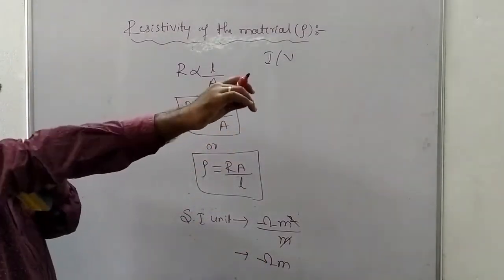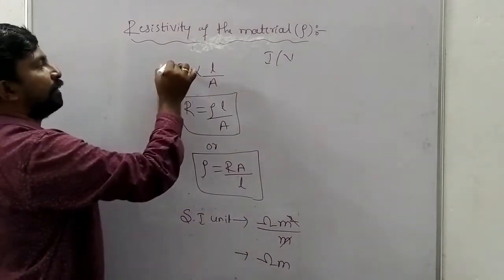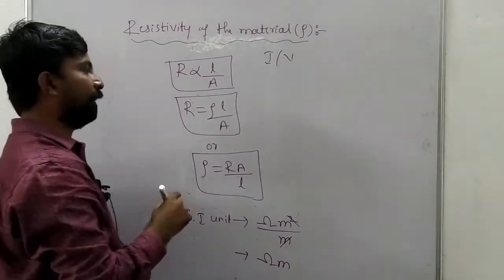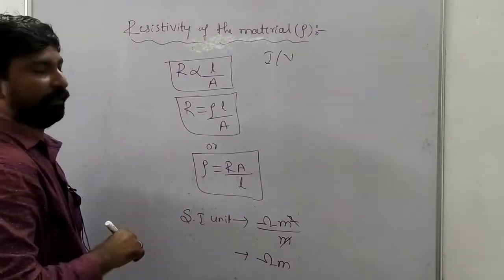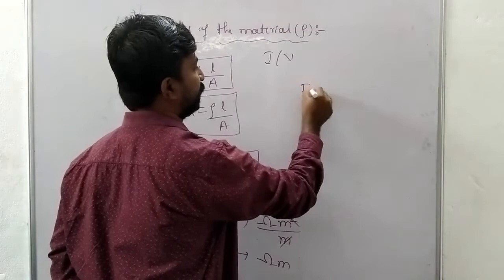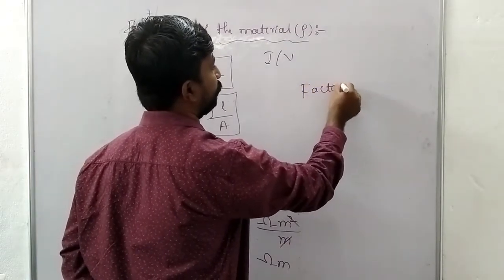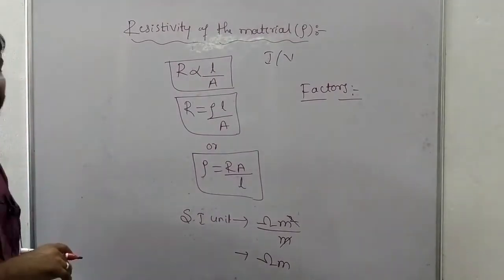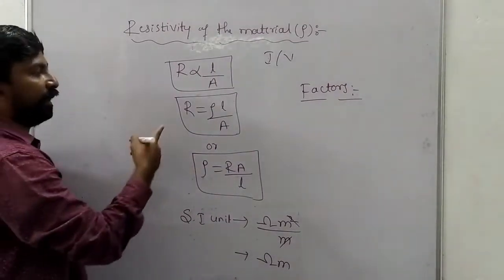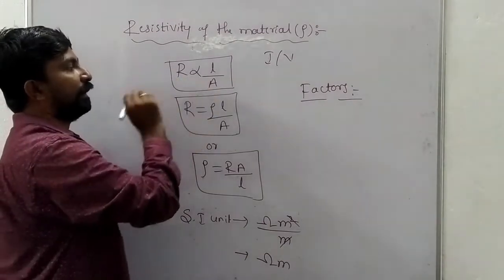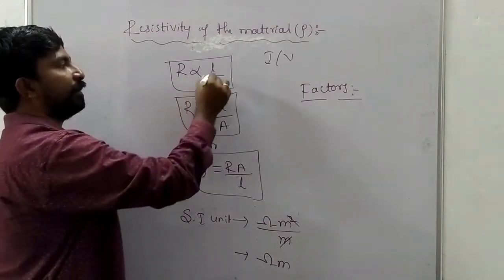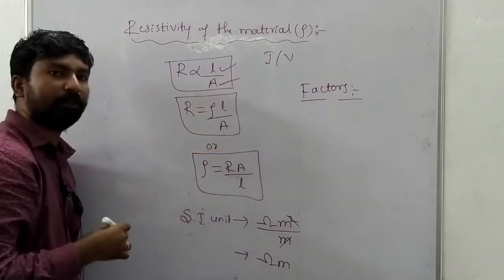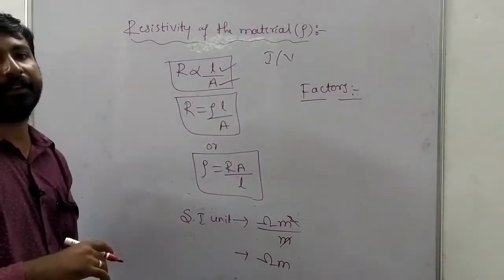Under what factors does the resistance of the conductor depend? The resistance of the conductor depends upon the length, the area of cross section, the nature of the conductor and its temperature.